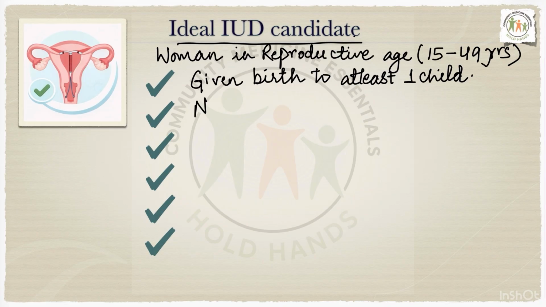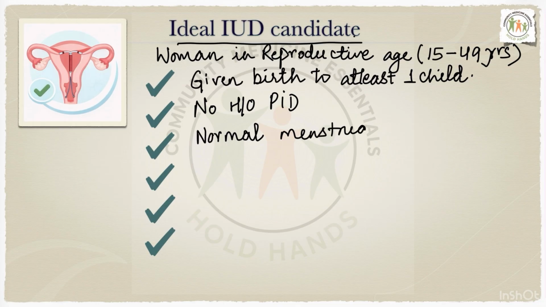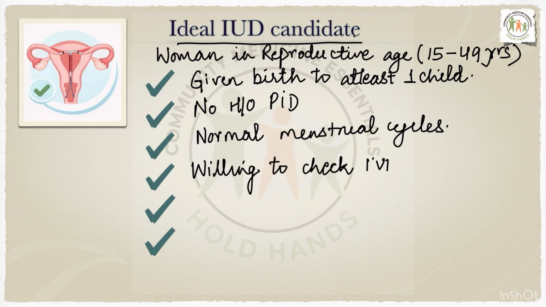There should be no history of pelvic inflammatory disease, as it can increase the risk of ascending infection in such cases. She should have normal menstrual cycles. Then women should be willing to check IUD thread, as it helps in detection of expulsion or displacement.